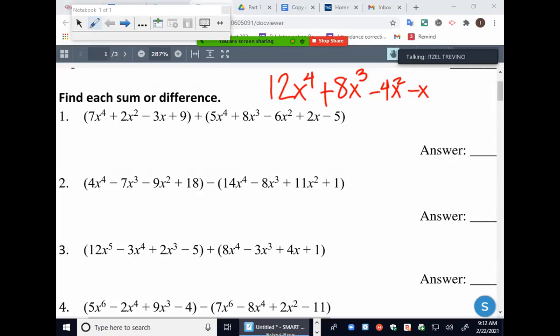So I have 9 minus 5. It gives me 4. So I added my polynomials together. I combined all my like terms, and I have 12x to the 4th power plus 8x cubed minus 4x squared minus x plus 4. So when we're adding, all we're doing is combining all of our like terms together.